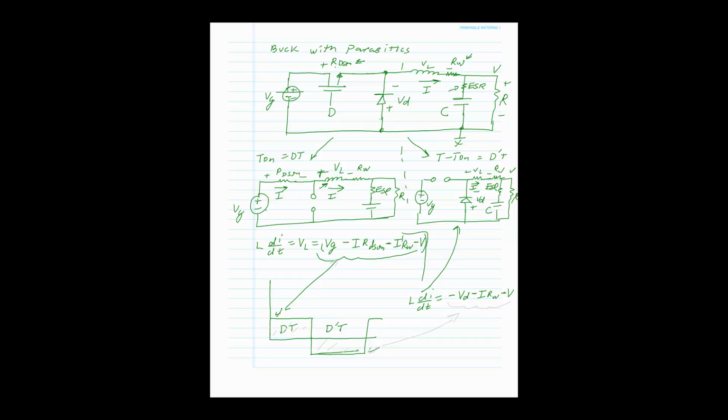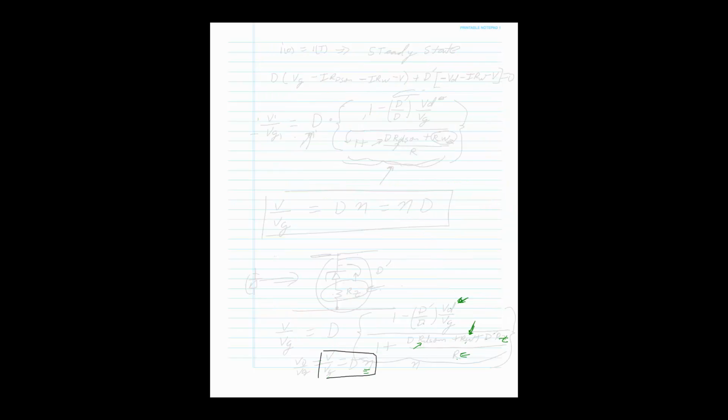And this voltage here is nothing more than this voltage here. Okay? So we can see that by Faraday's law, we're going to do a volt-second balance again. Remember, the I of 0 is going to equal the I of t.